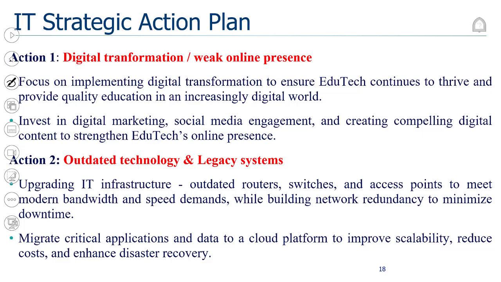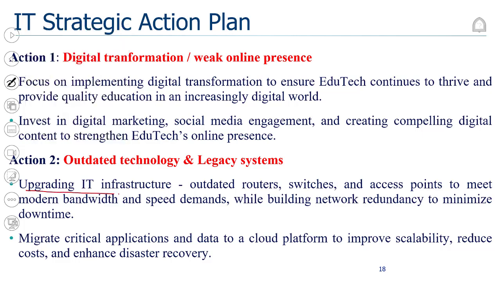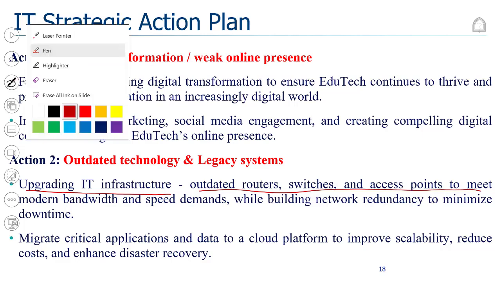So for the outdated technologies, again, you could choose to upgrade. There are a lot of switches and everything else. You could choose to upgrade the IT infrastructure, outdated routers and everything else, or instead of that, you can choose to migrate to the cloud. That's an action. Any of them would be okay.